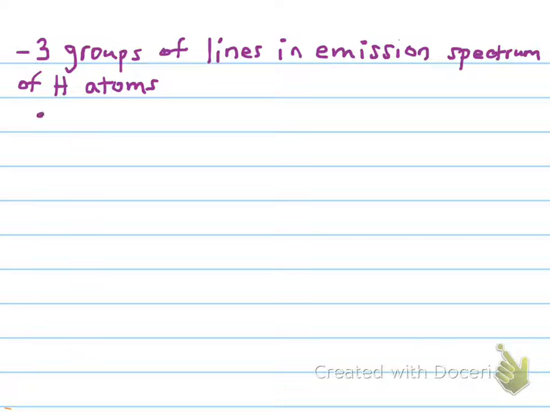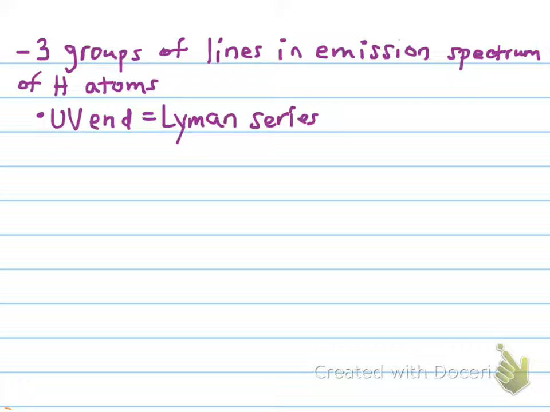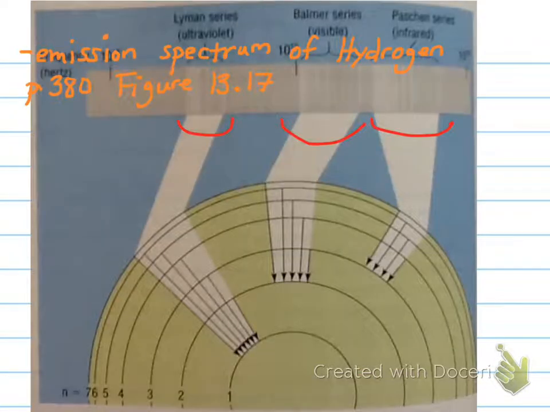This group of lines in the UV end is called the Lyman series. And what's happening here, if you look at those, okay, so this is our Lyman. Notice that every single time we're transitioning back to the n equals 1 energy level.